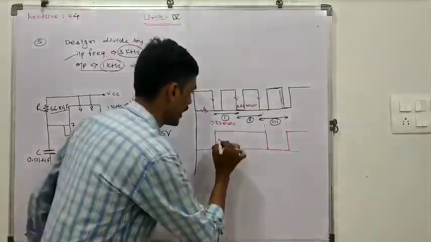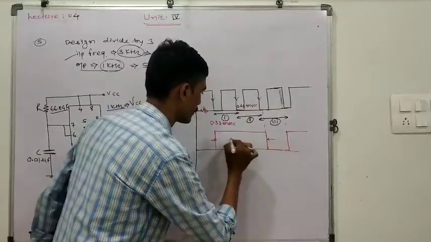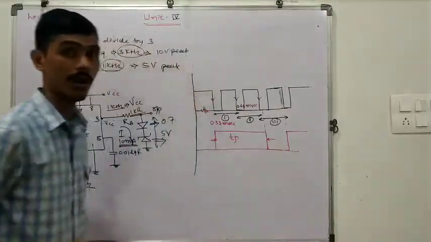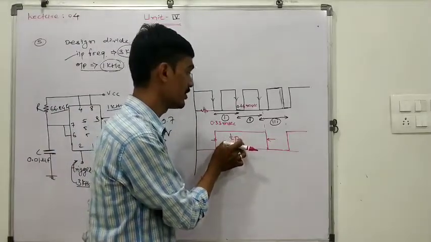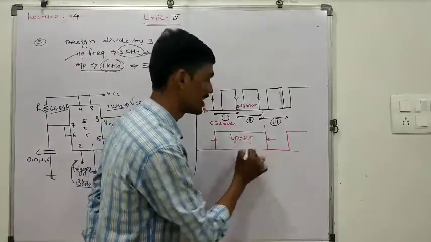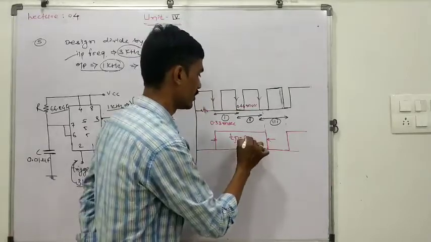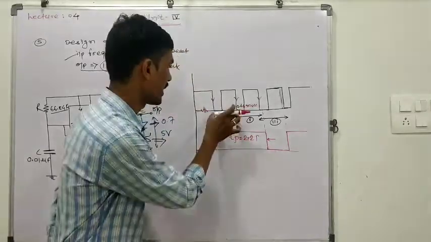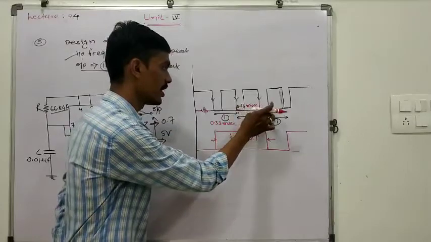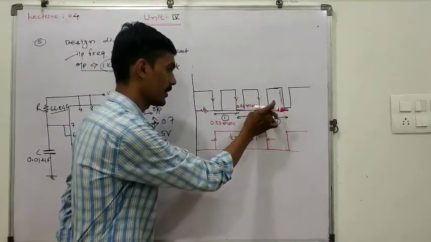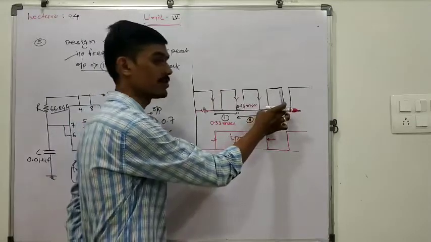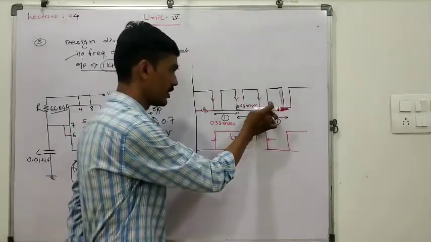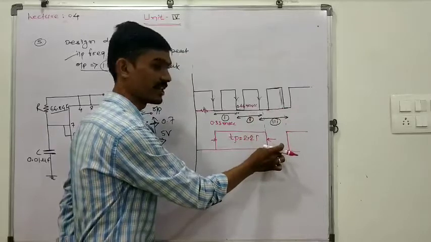Now, if you look at this TP, we are considering TP must be greater than twice T, and here we are assuming TP is equal to 2.2 of T, because the first cycle is T, then the second cycle is T, and from the third cycle we are taking 0.2, that is 20% of the total cycle. So it is nothing but 2.2. That's why we are extending this.